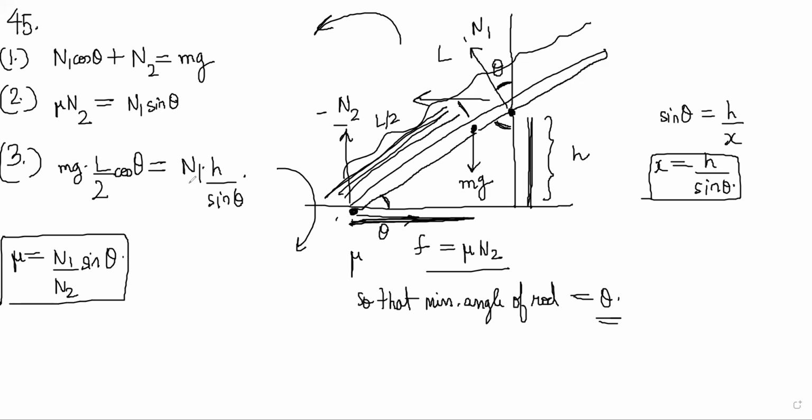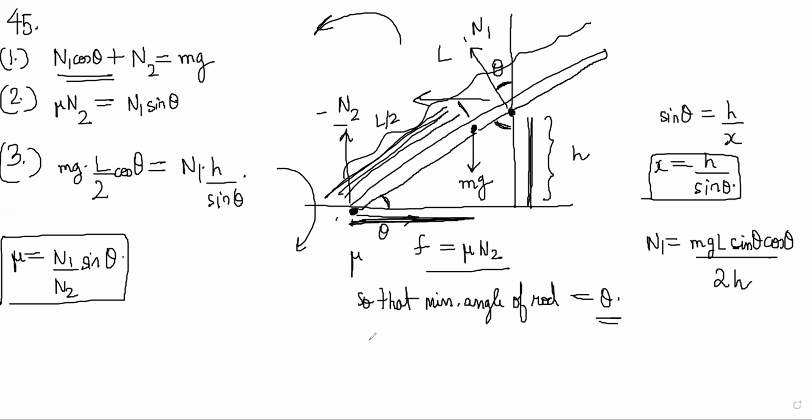It is easy to remove N1 from the third equation. N1 is mg L sine theta cos theta by 2h. Put that in the first equation to get N2 also.